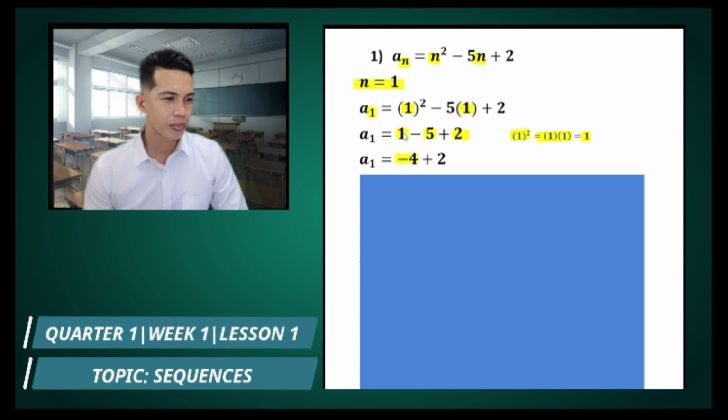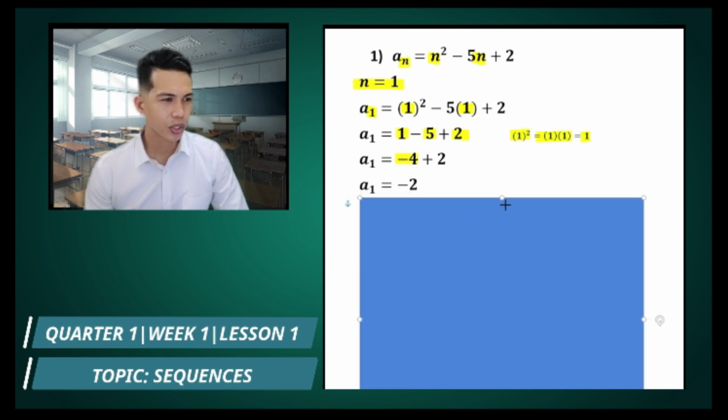And then subtract 1 from 5, we have 4. Then bring down 2. Simplify further. Negative 4 plus 2, we have negative, since 4 is greater than 2. Then subtract 2 from 4, we have 2. Therefore, our first term, or a sub 1, is equal to negative 2.